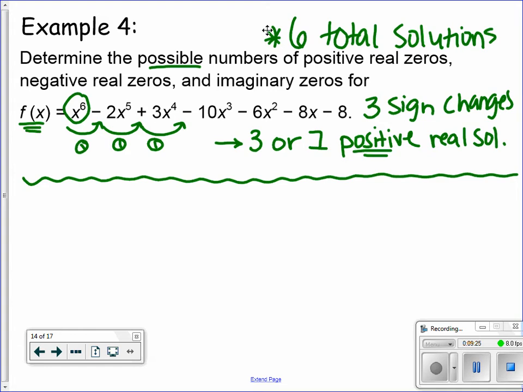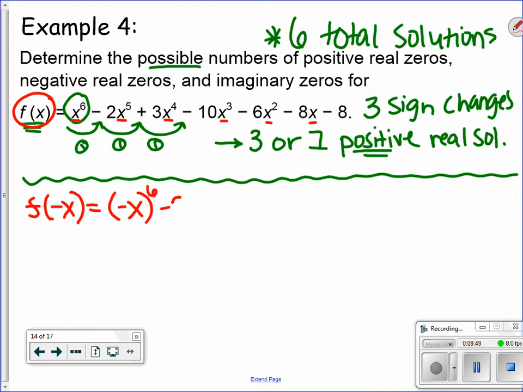We're going to do the same exact thing, except for this time, we're going to take f of negative x. That means we're going to go up here, and wherever you see an x, you're going to plug in a negative x. Now pay close attention to this, okay? So we're going to put parentheses. Wherever you see an x, you're going to put a negative x. That's negative x to the 6th.